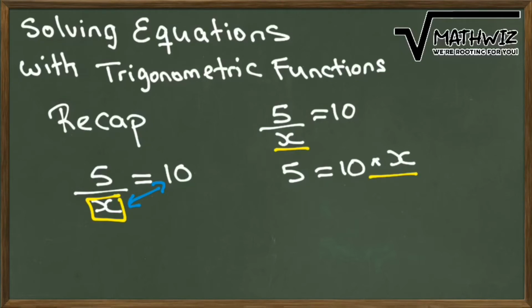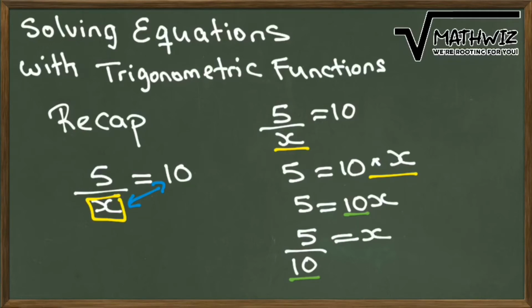And so we would end up with 5 is equal to 10x. And then the 10, which is multiplied, when we take it across, we would divide. But the idea is that it will always be a process where the x goes up and the number comes down. Hence, it's like you're switching them, and that is where the shortcut originates from.